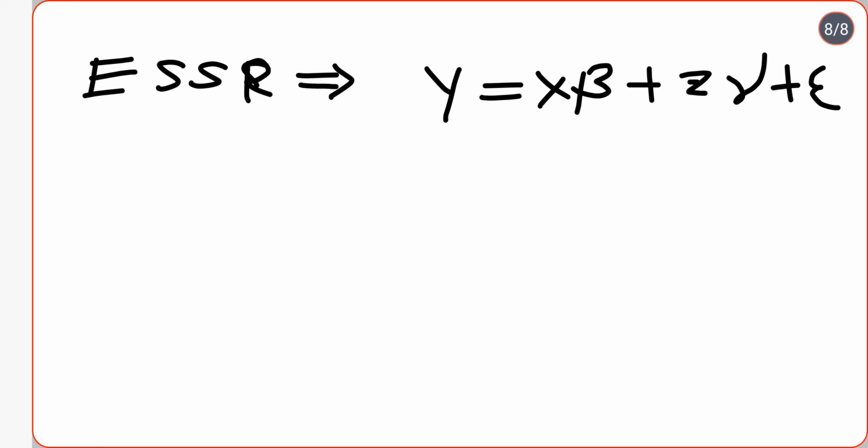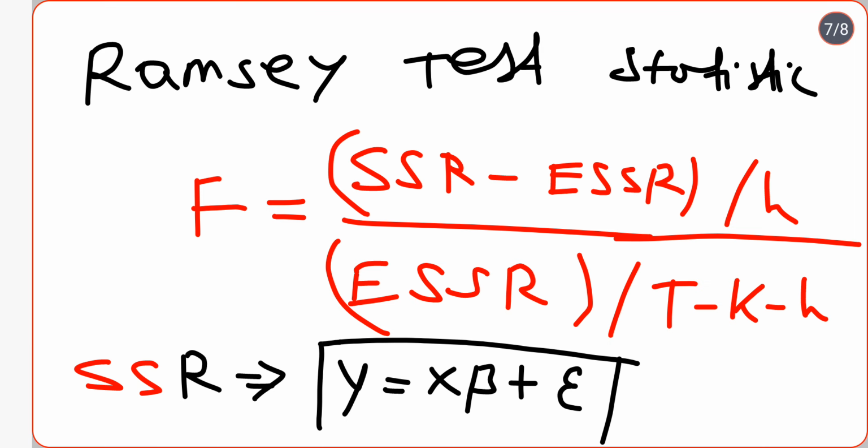In the formula, H is the degrees of freedom for SSR minus ESSR, and T minus K minus H is the degrees of freedom for ESSR. That's how we are supposed to calculate it.